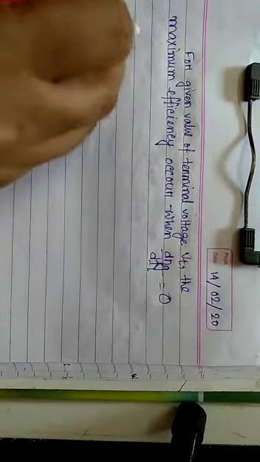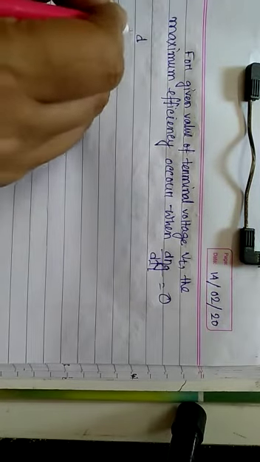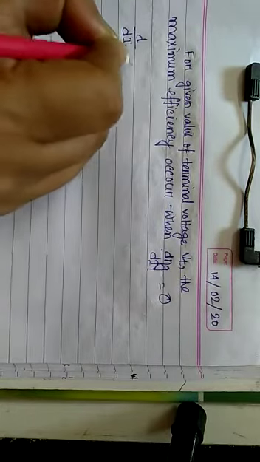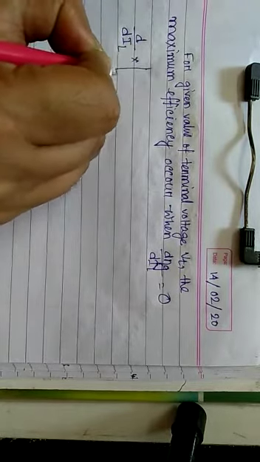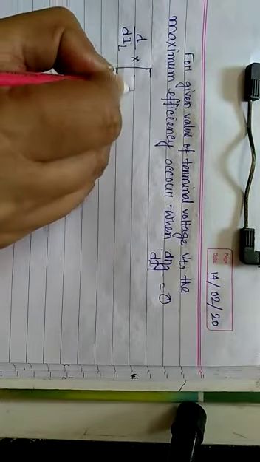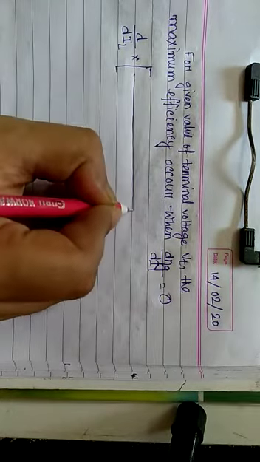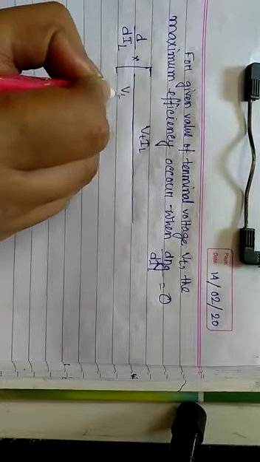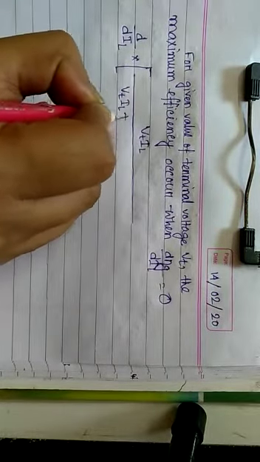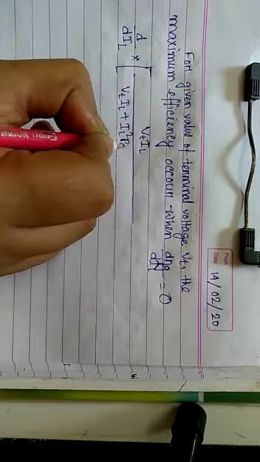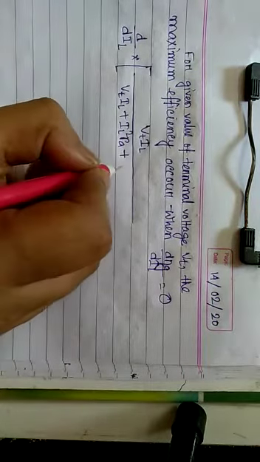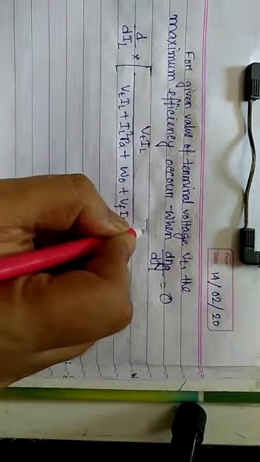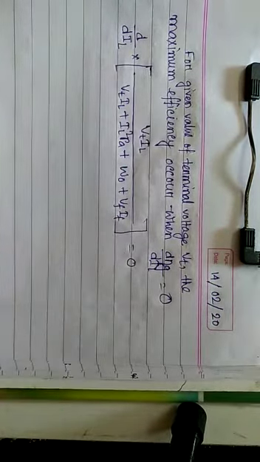Now, d by dIL of the efficiency equation, that is Vt IL divided by Vt IL plus IL square Ra plus W0 plus Vf If, should be equal to 0.